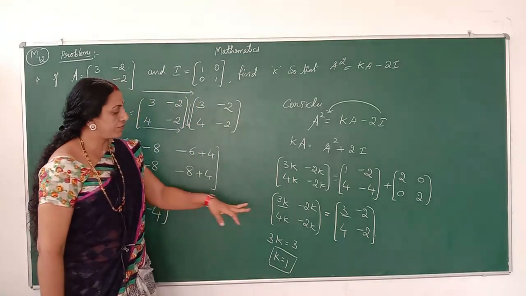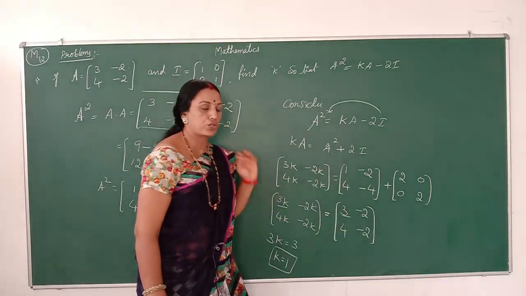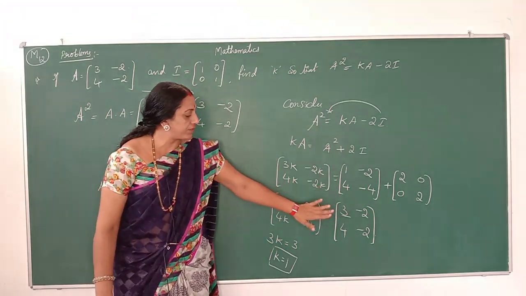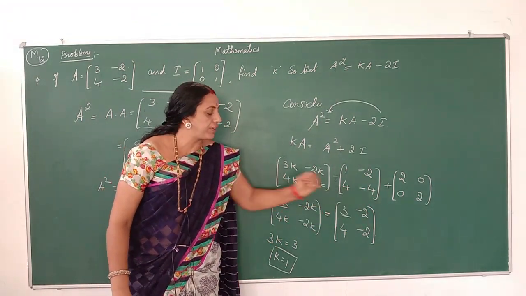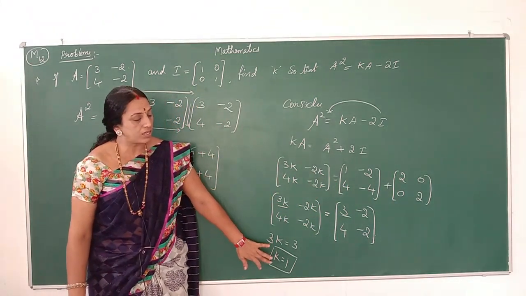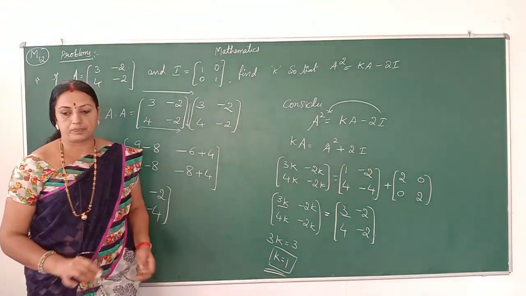Similarly, for another element, minus 2k is equal to minus 2, therefore k is equal to 1. It means any one of the elements can be equated with the RHS, and the value of k is always the same. Therefore, the value of k is equal to 1.